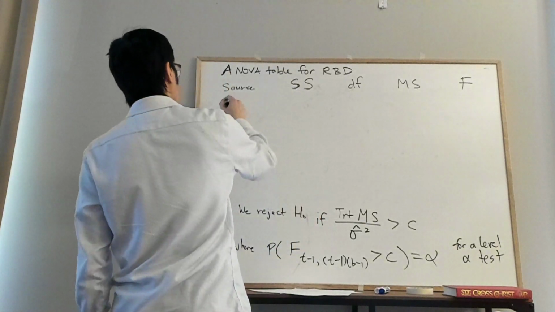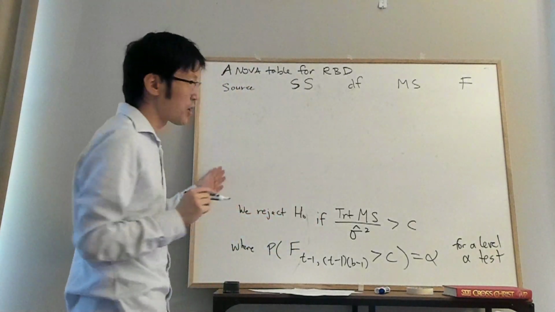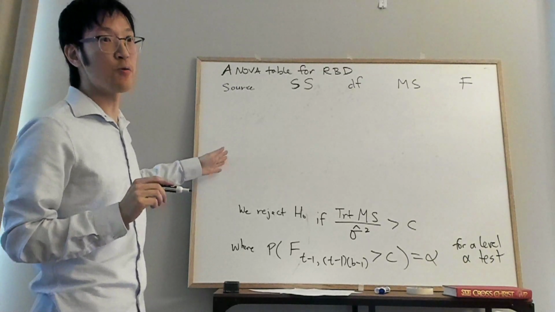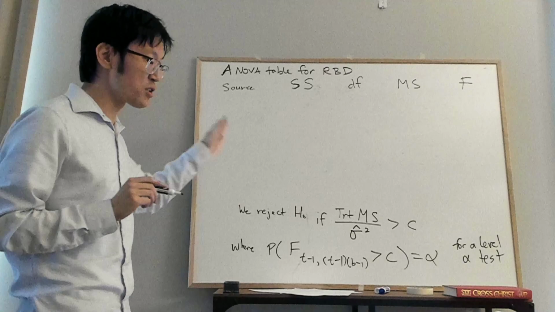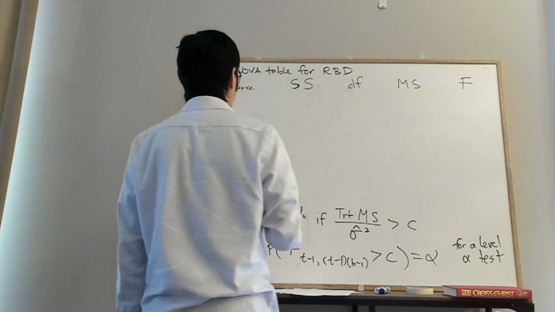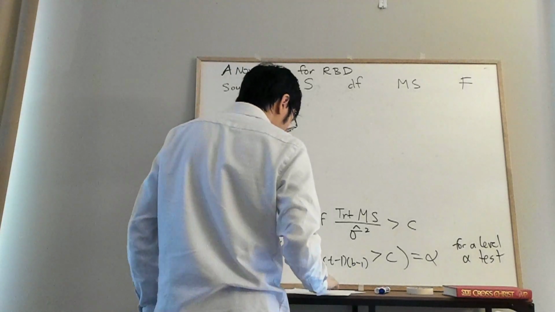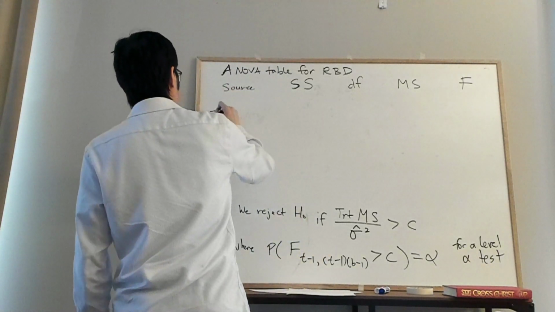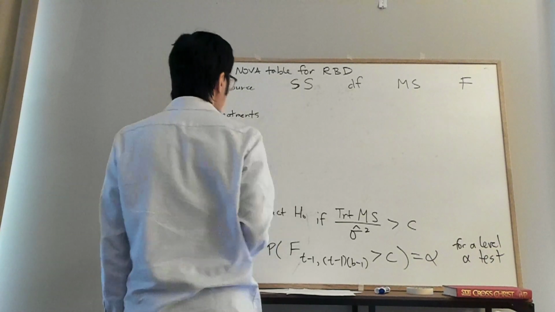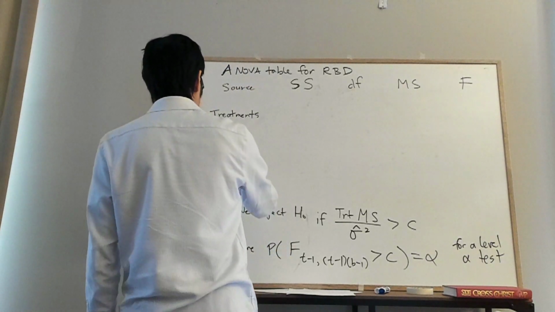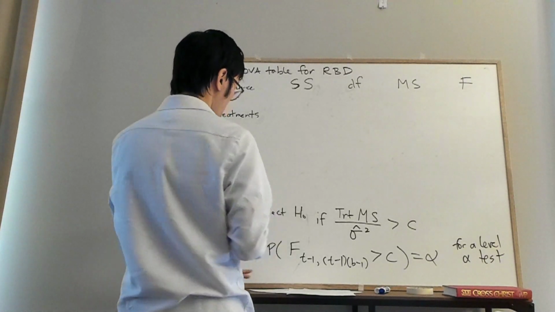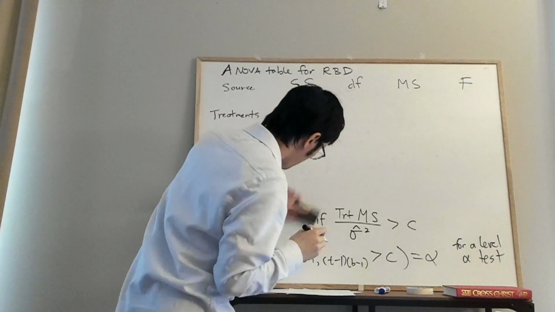The main new thing here is that we're going to have an extra row, corresponding to the block sum of squares which we saw in the earlier decomposition. So let me write this down. We have treatments, and then we're going to have an extra row for blocks. We need some space here.